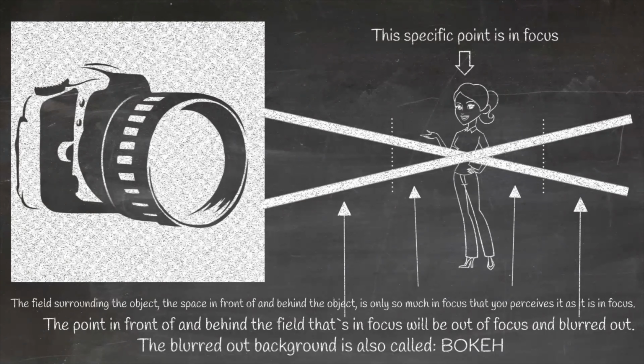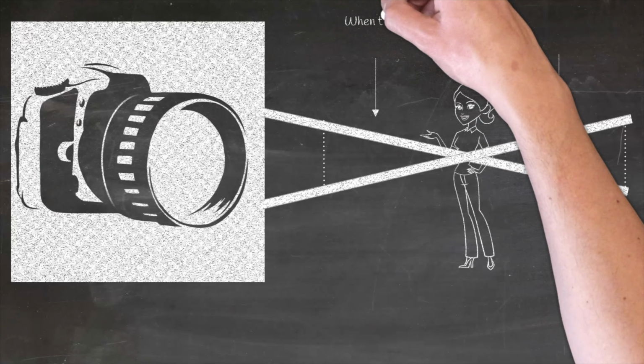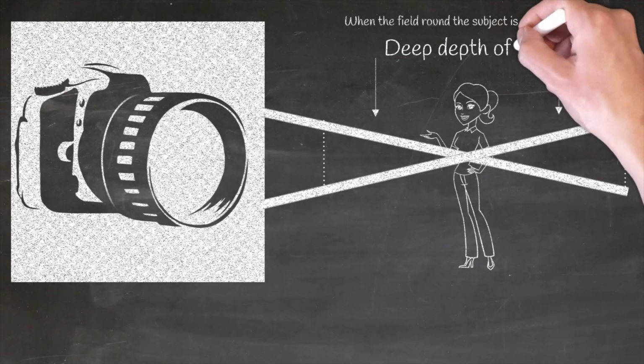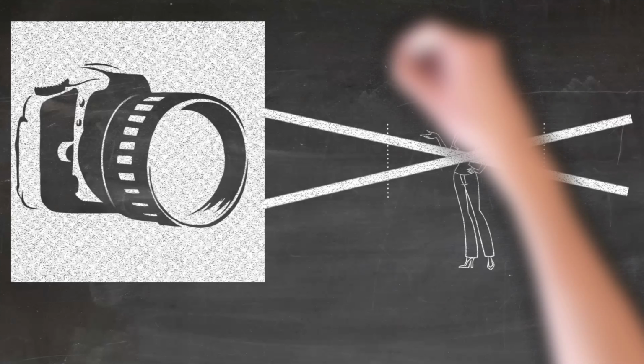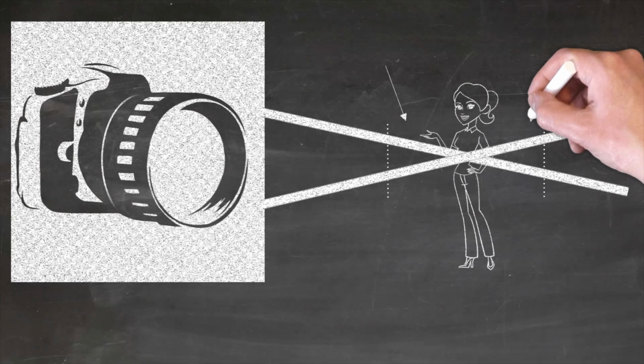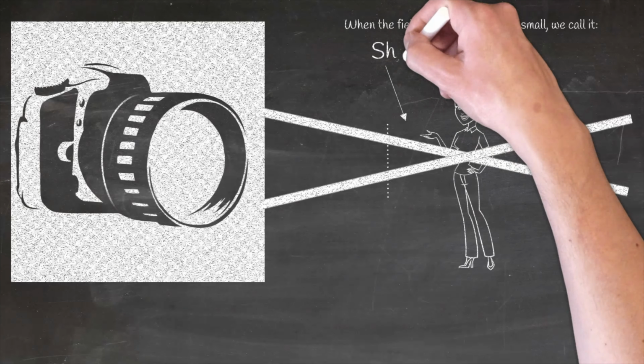When the field of focus surrounding the object is wide, we call it a deep depth of field. That means you have a lot of your image in focus. When the field of focus surrounding the object is small, we call it a shallow depth of field.